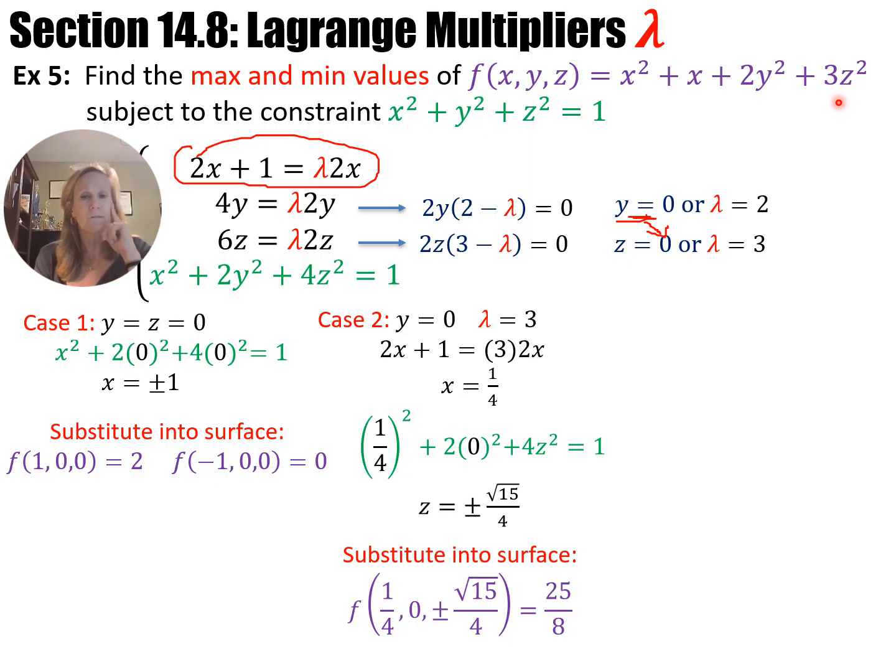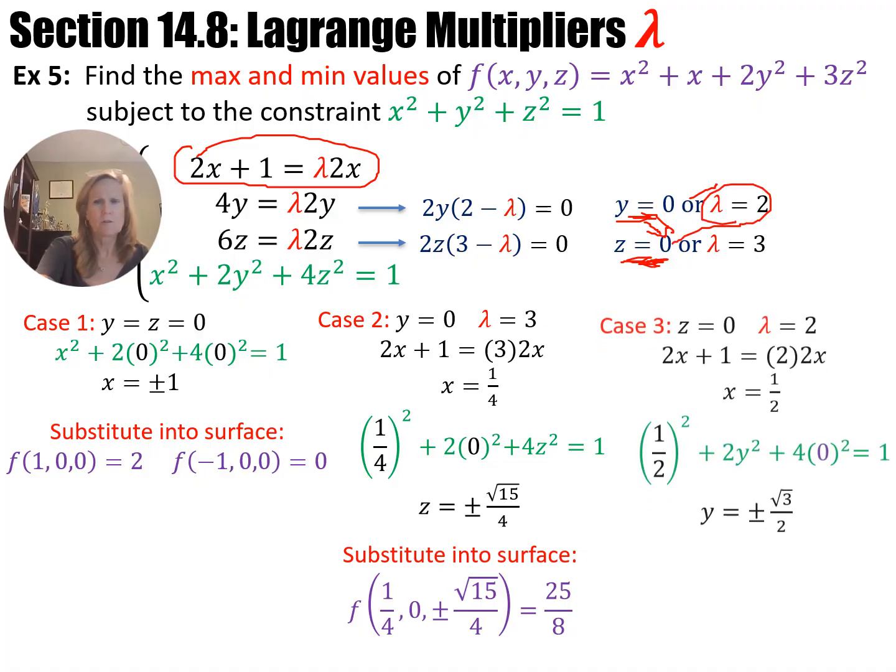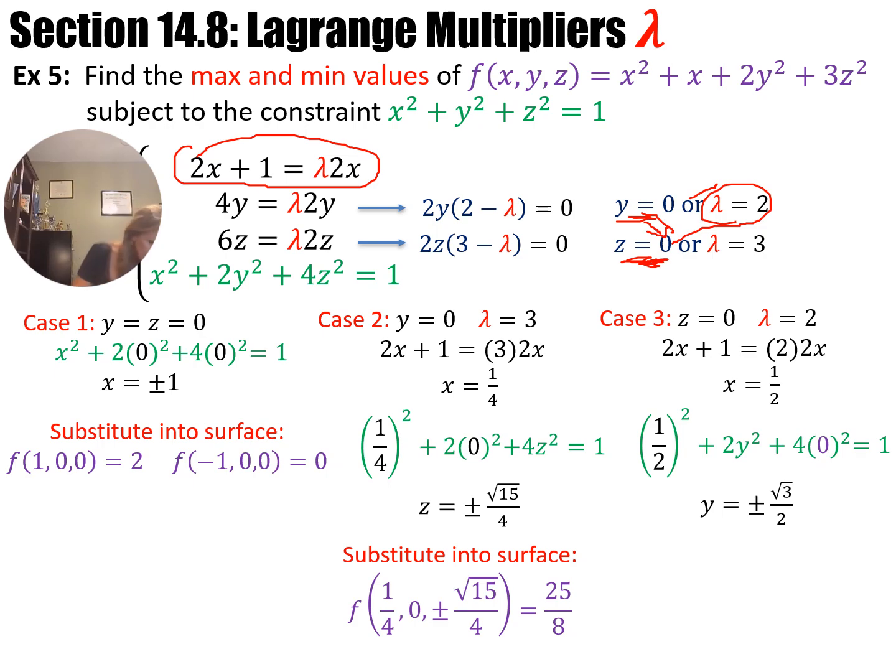And I got a height of 25 over 8. But I'm not done, right? Because now down here, I had, oh, z could be 0 when y is 0. Check, we already took care of that one. Or lambda is what? Yeah, lambda's 2. So let's check that case.